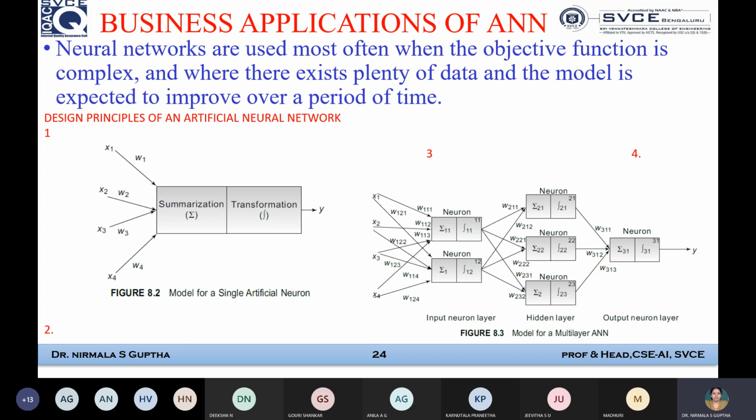There is at least one input neuron and one output neuron, please understand, and at least one processing neuron. So you need to have at least one input neuron, one processing neuron, and one output neuron.